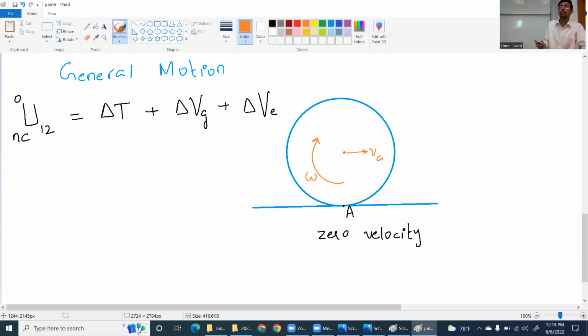Can anyone double check for me? V and omega, I never used to do it. So I'm sorry, in the last slide, I somehow confused you. So this is R. This is zero velocity, which is known as no slip condition. Agreed? Okay. Now, friction is the work done by non-conservative and external forces.